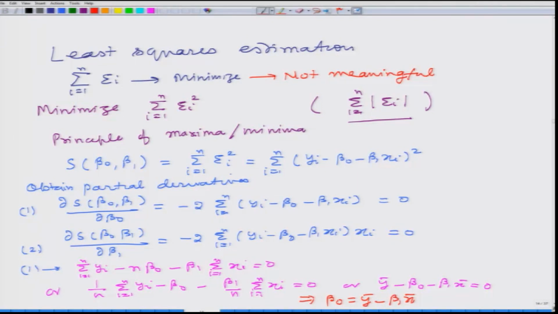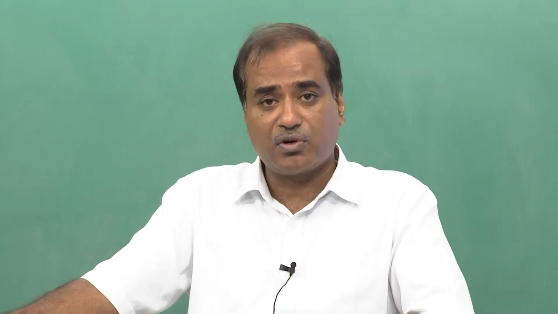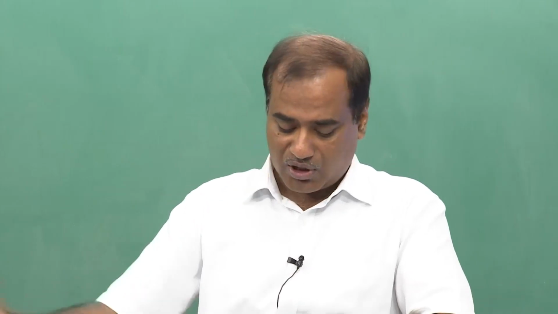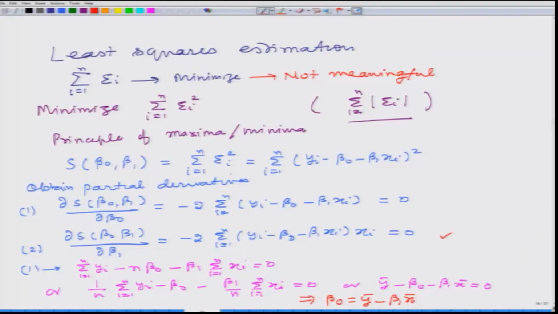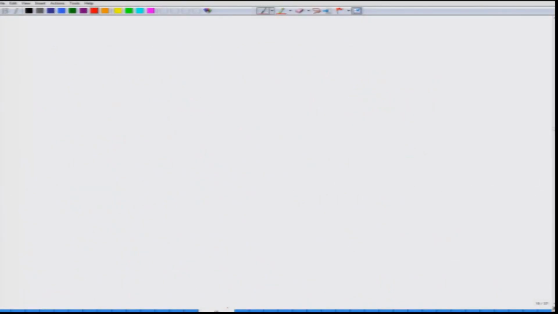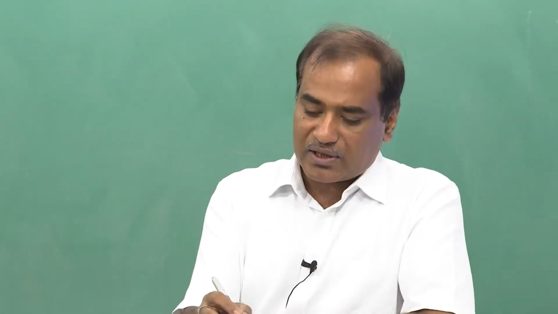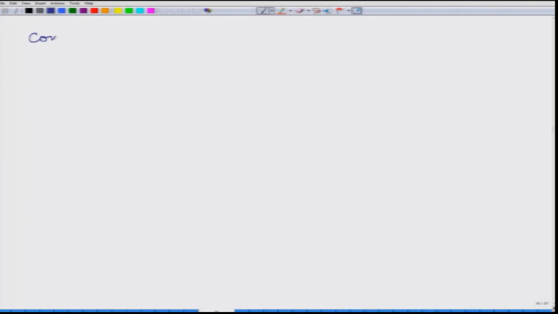But this beta 0 can be known to us provided beta 1 is known to us, and up to now we do not know beta 1. So, now let us consider equation number 2 and solve it. Equation number 2 is summation i goes from 1 to n of x i times y i minus beta 0 minus beta 1 x i, equal to 0.